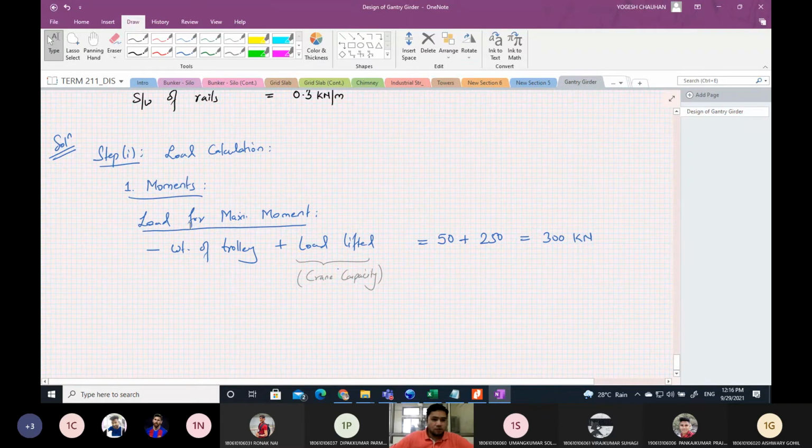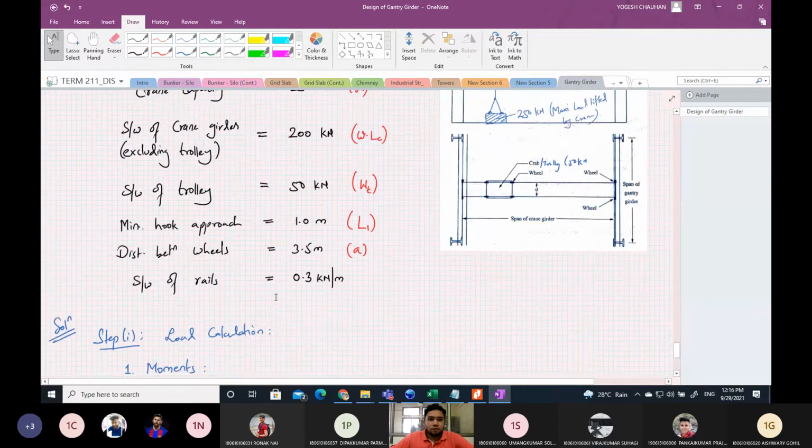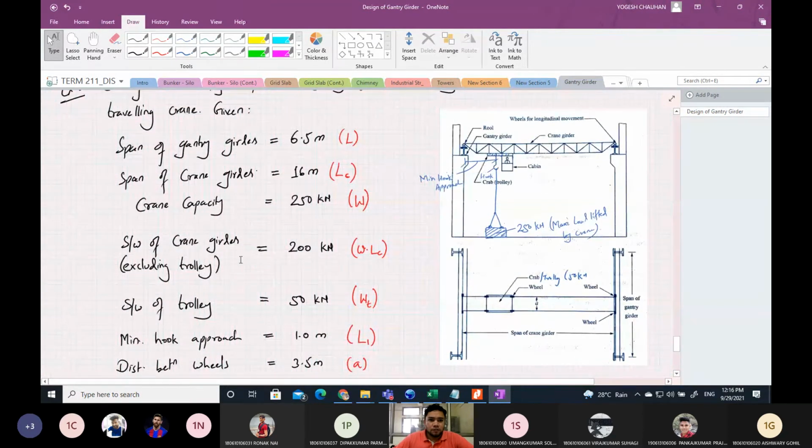Then the self weight of the crane girder. Now the self weight of the crane girder is given as 200 kilonewton.